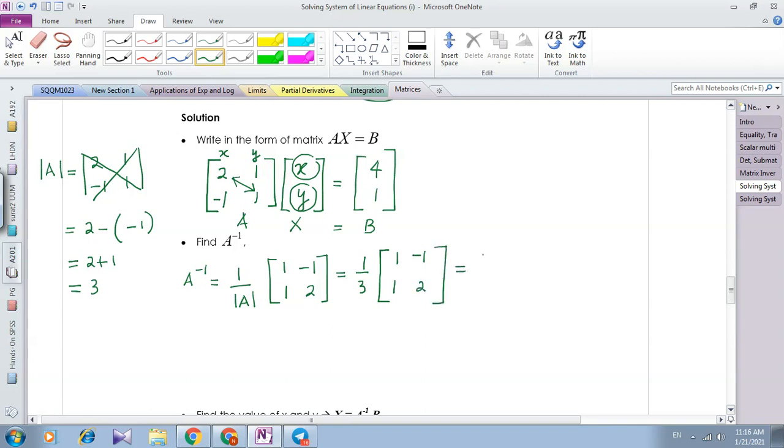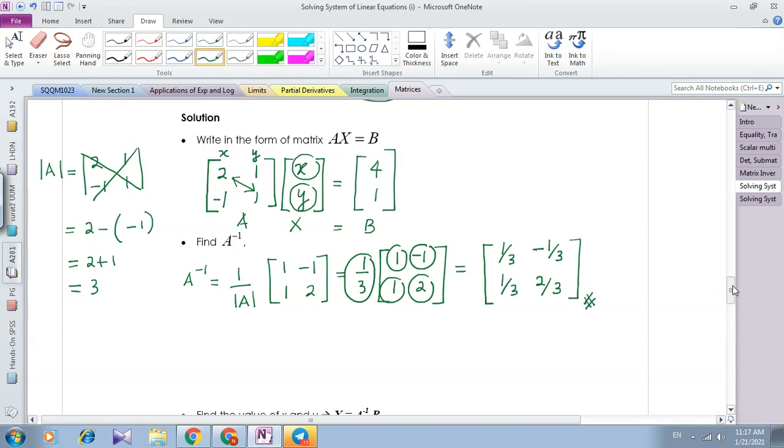And so the inverse of A is: 1 over 3 times 1 is 1 over 3, 1 over 3 times -1 is -1 over 3, 1 over 3 times 1 is 1 over 3, and finally 1 over 3 times 2 is 2 over 3. So that's your A inverse.